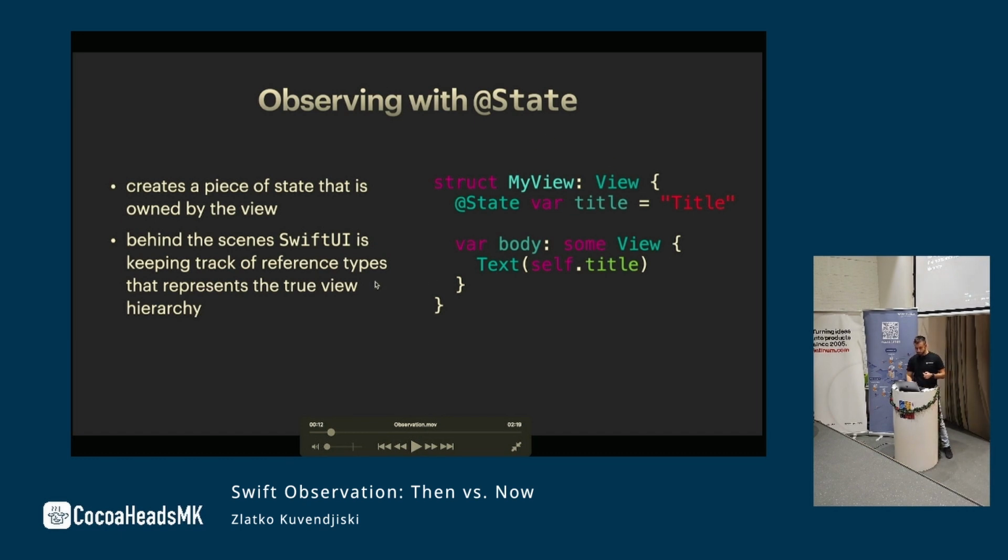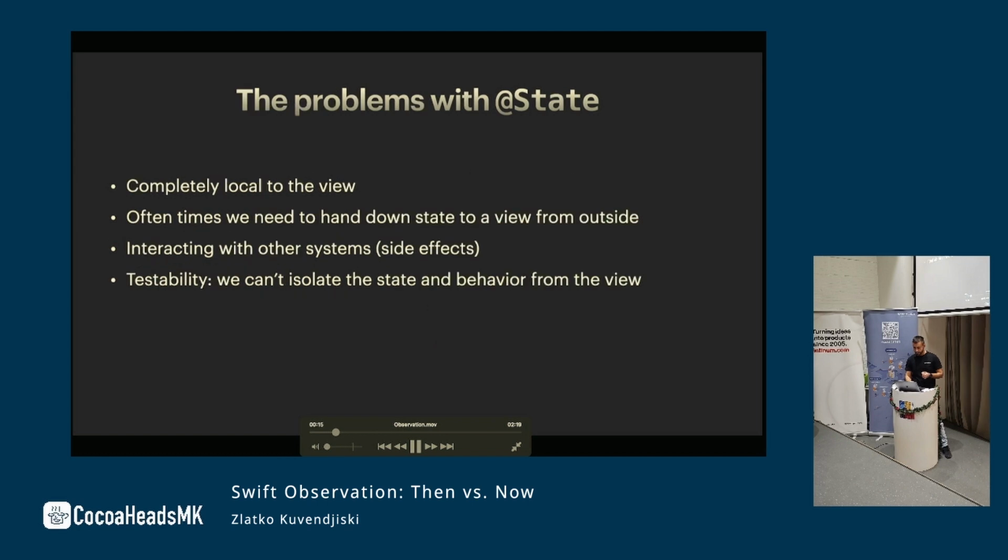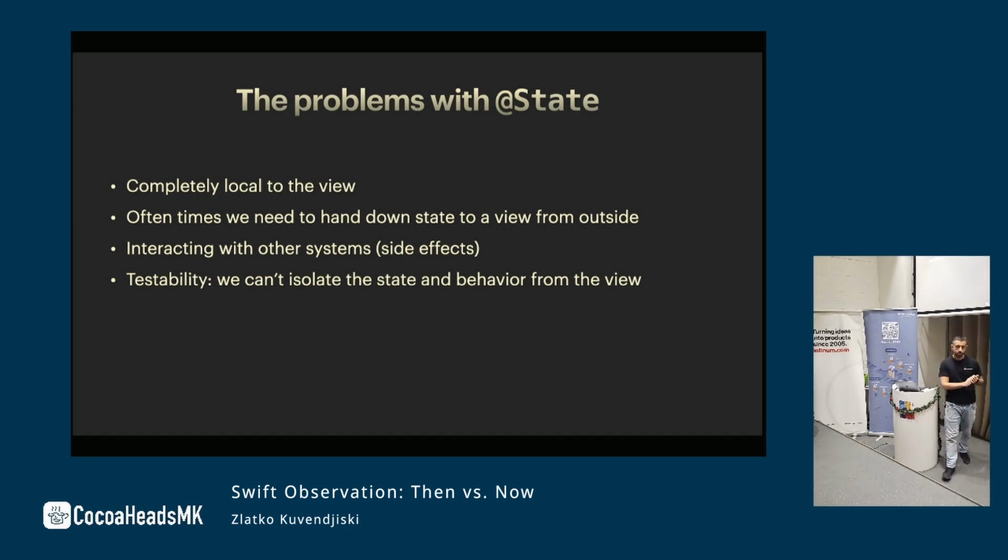Okay, so let's continue with this. There are a few problems with this. If we use the state within the view itself, there are a few issues. For example, you can't really write a good unit test, because the idea is that you need to separate the business logic from the view itself, so that you can write unit tests, right?